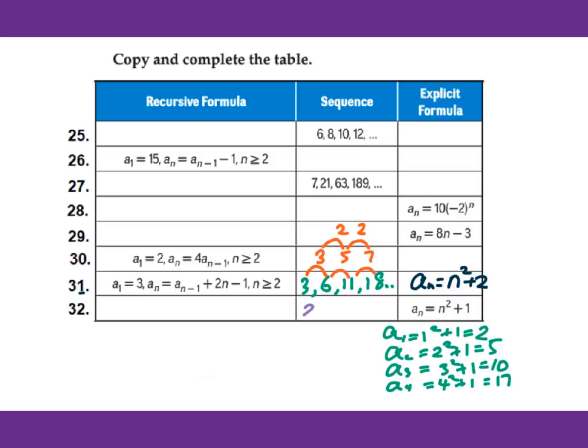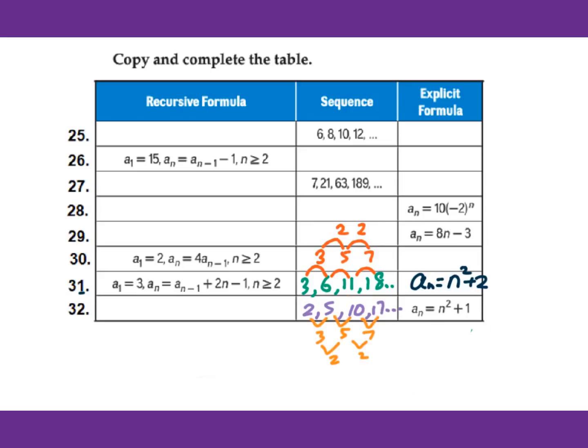So we get 2, 5, 10, 17. We can write down the recursive formula: a sub 1 equals 2 and a sub n equals your previous term, a sub n minus 1, plus 2n minus 1, for n greater than or equal to 2.